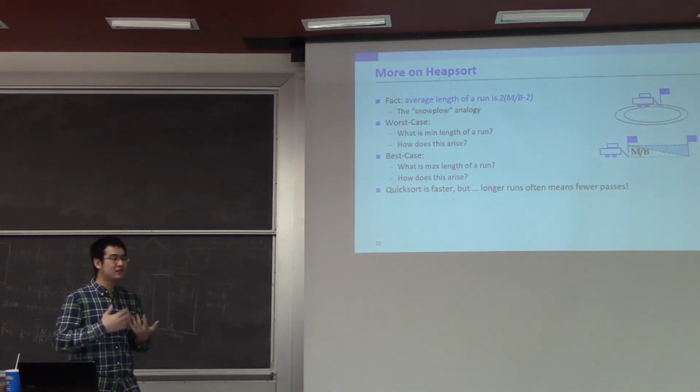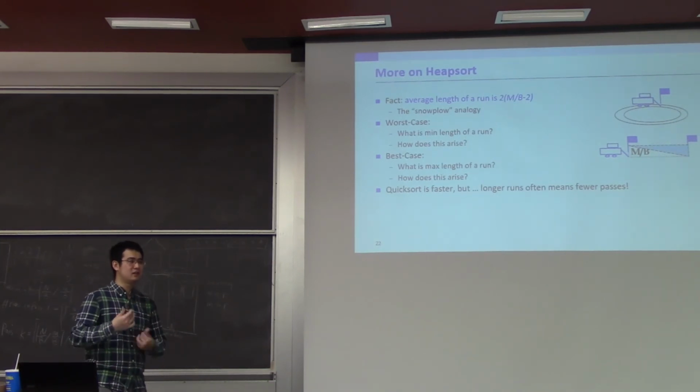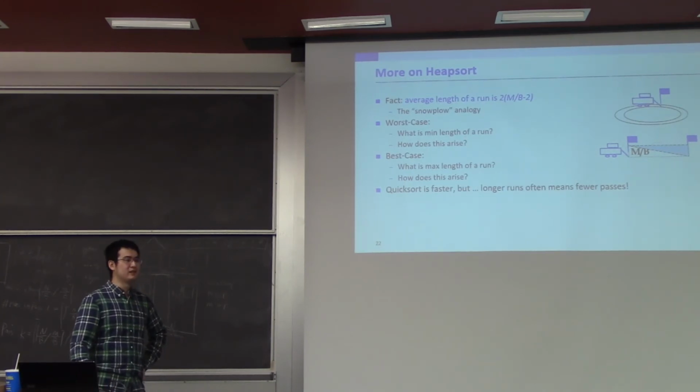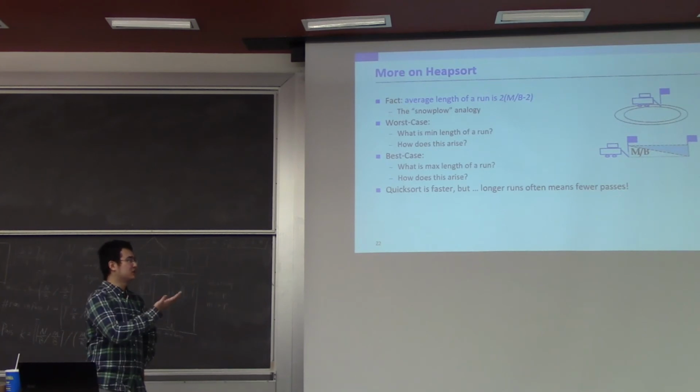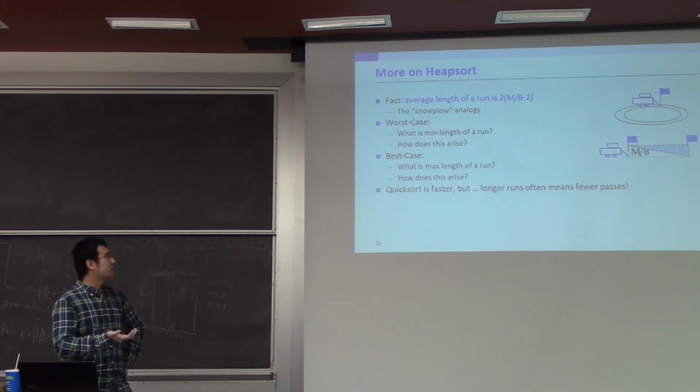But that still actually matches the best case of quicksort or naive heap sort. Because for naive heap sort or quicksort, you can always only have a run size of up to M over B minus 1. But this way you are just losing one page at most, right? And on average, the average case is actually 2 times M over B minus 2.